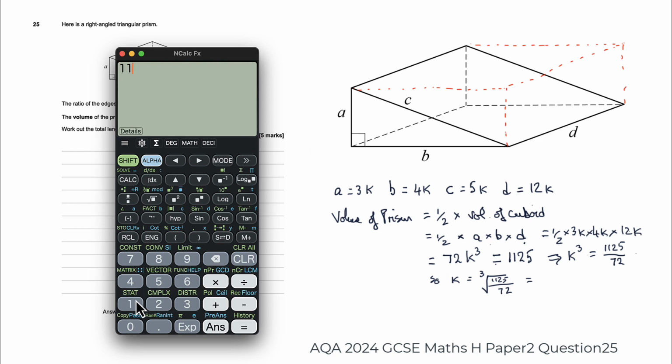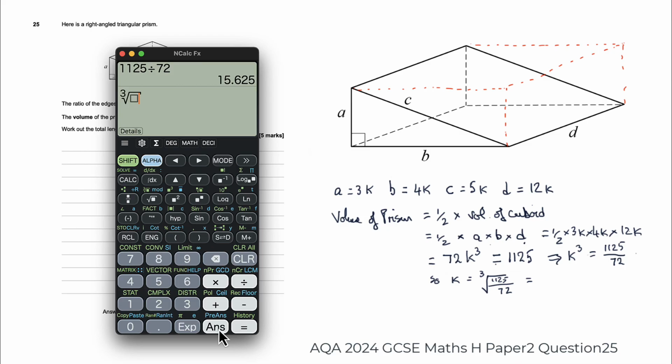So it's 1125 divided by 72, and I want the cube root of that. On my calculator, there's raised to the power, cube root, fourth root, and so on. I would first tell it I'm finding a cube root, using shift to get access to this button.